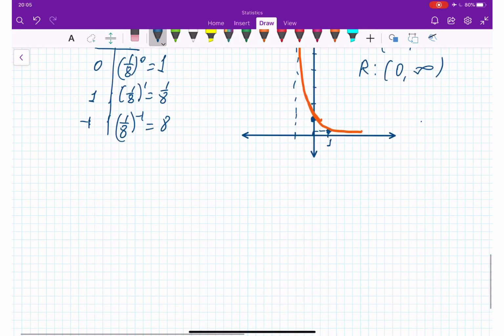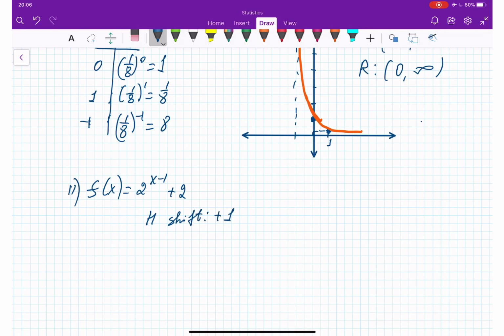Number 11, we need to graph f of x is equal to 2 to the power x minus 1 plus 2. Okay, since MyMathLab gives you the ability to plug in the shifting, we have horizontal shifting. Horizontal shift is going to be plus 1, right? Because it's the opposite direction, x minus 1 means plus 1. Vertical shift is going to be plus 2.